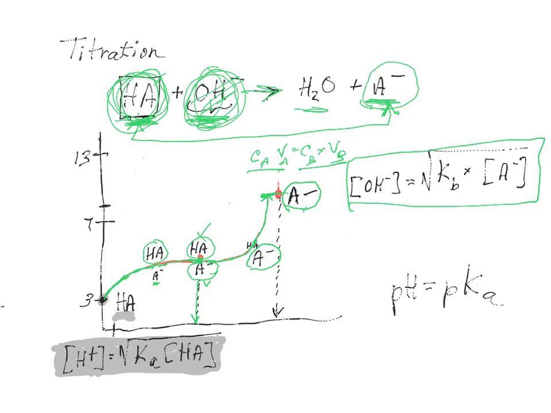Now, let's go back. We found out how much it took to wipe out that acid so we could figure out its concentration. But once you know this amount, let's say this was 22 mLs. It took 22 mLs of base to wipe out the acid. At half that point, at 11 mLs, the HA equaled A minus.